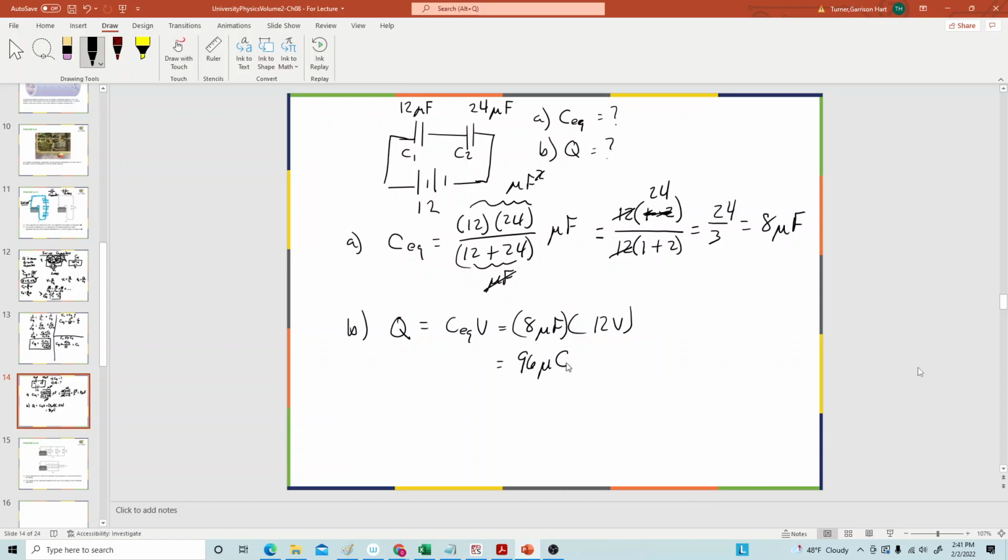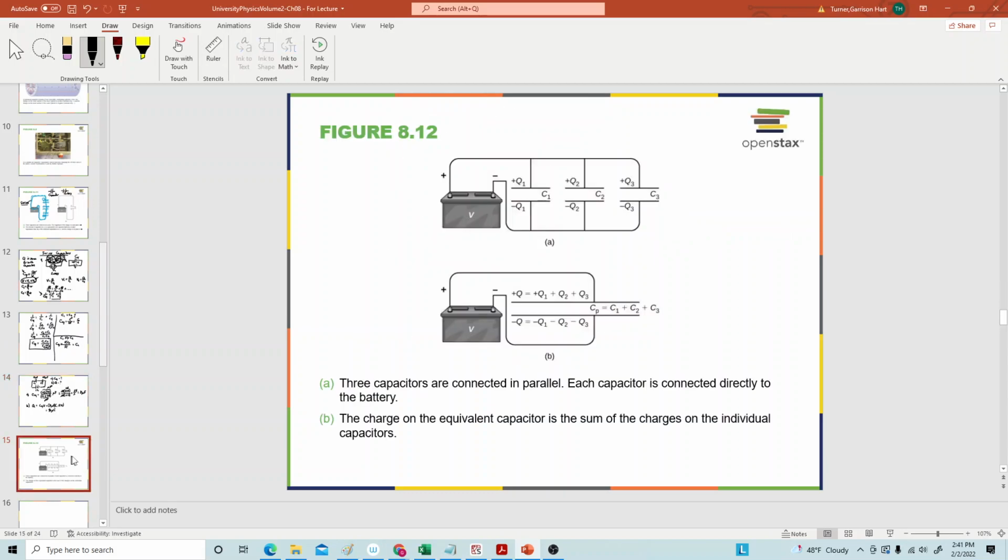Okay. Now, there's another way that I can arrange plates, and this is called in parallel. Okay. So this is parallel. And here, instead of the total value of the voltages across all the capacitors adding up to the total voltage of the battery, what you're effectively doing is connecting each capacitor to the battery.